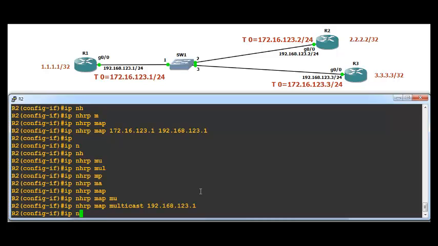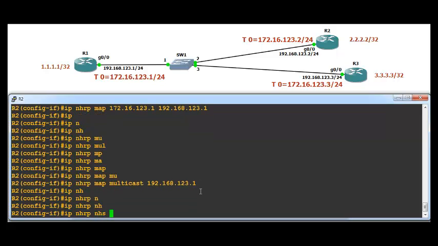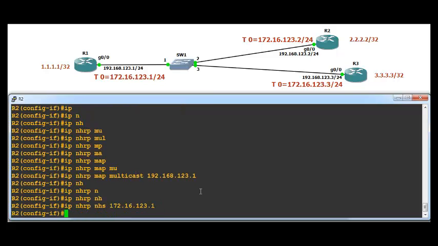Another one is IP NHRP NHS, next hop self. Next hop self is different, NHRP is different. So we need to give this command to set the IP address of the next hop. I'm saying IP NHRP nhs 172.16.123.1. I'm saying this is my tunnel's next hop.